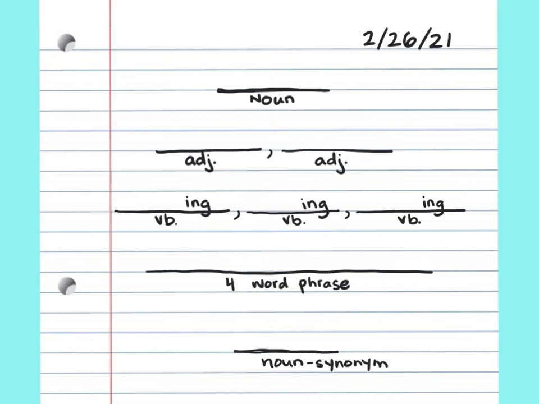So it's something that means like the same thing. Now this synonym noun part sometimes is like the trickiest, but just try your best. If you're writing about dogs, you could put puppies. If you're writing about flowers, you could put plant. So this one, try your best with this part.